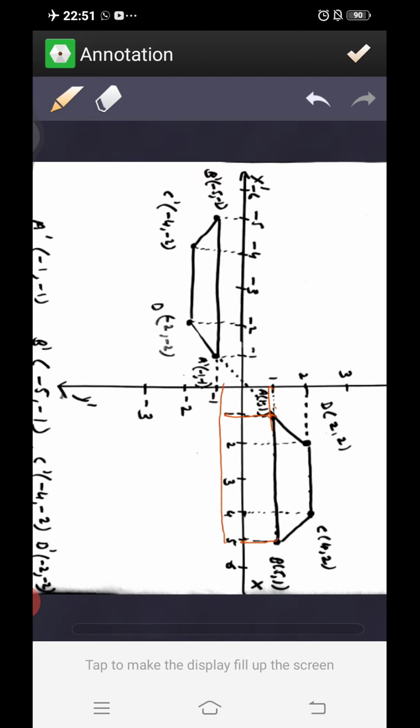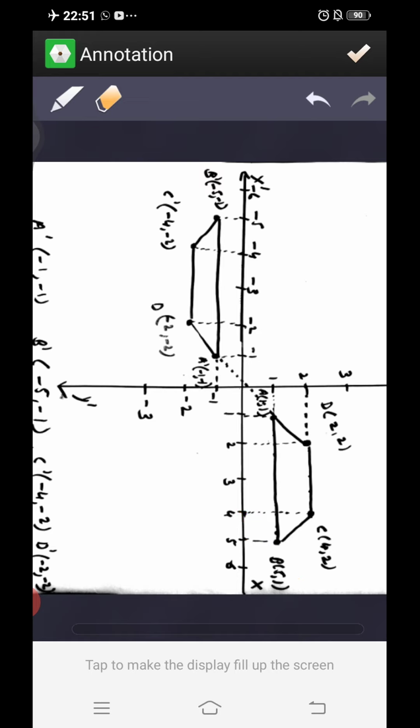So we are getting here point B. Similarly C is 4, 2. This x-axis 4 and y-axis 2, and D is 2 comma 2, again x-axis is 2 and y-axis 2. So all 4 coordinates A, B, C, D we have plotted here.